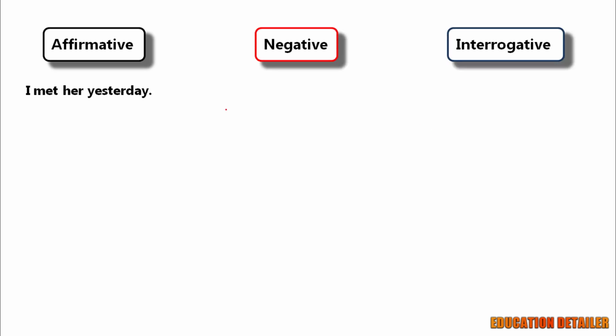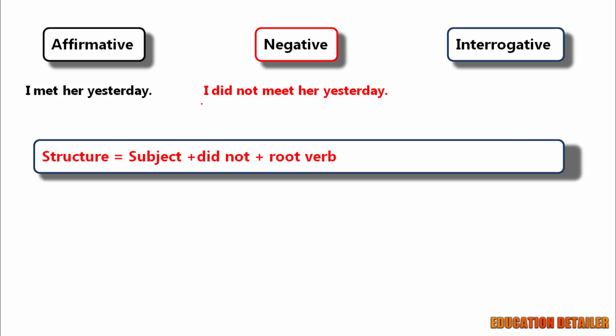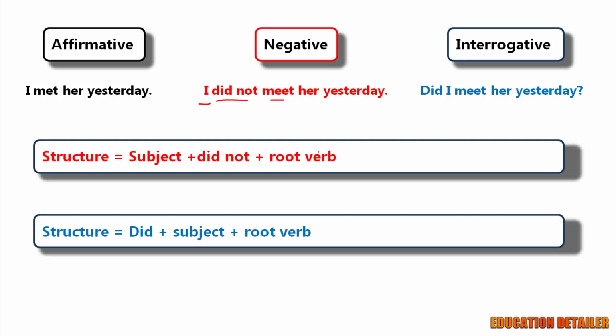I met her yesterday. The negative is I did not meet her yesterday. Note down the structure. Subject plus did not plus root form of the verb. Did I meet her yesterday? Interrogative. Did plus subject plus root form of the verb.